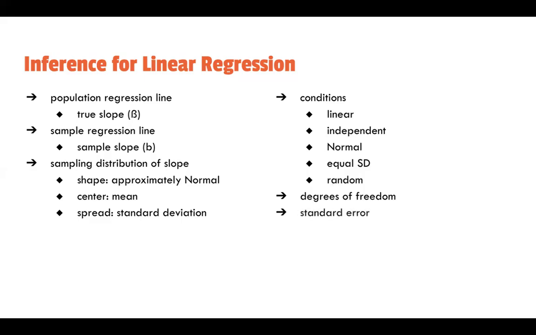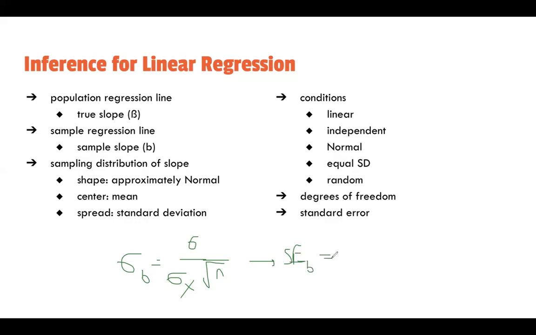So the standard error formula. We know that the standard deviation of b is going to be the standard deviation times this over the standard deviation of the explanatory variable times the square root of n. For standard error, though, the formula is going to be a bit different.